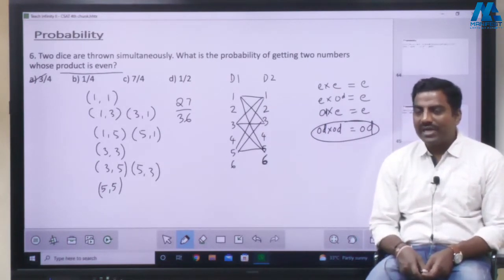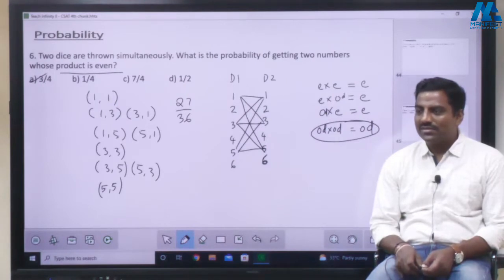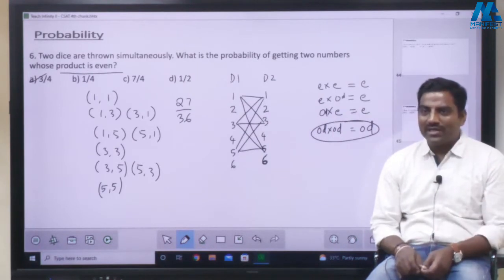Or they might ask that of the numbers we are reading on the dice, one is a multiple of the other. What do you take? With respect to 1, you will take everything. Every number is a multiple of 1. Yes or no? 1, 2, 1, 3, 1, 4, 1, 5, 1, 6. Similarly, 6, 1, 5, 1.